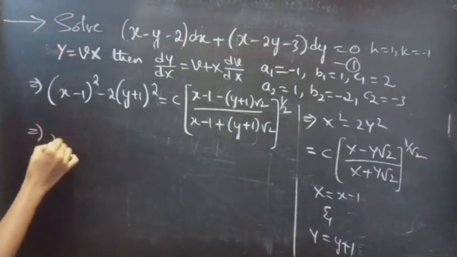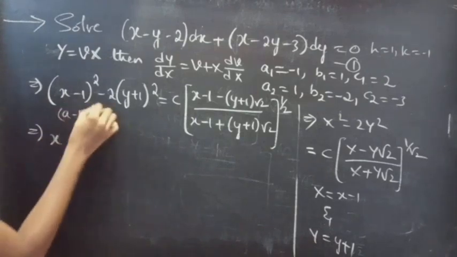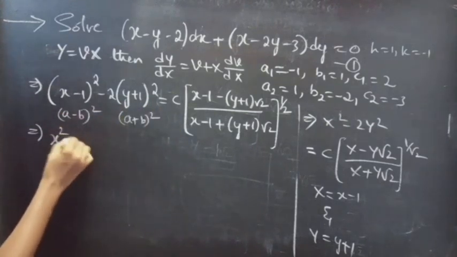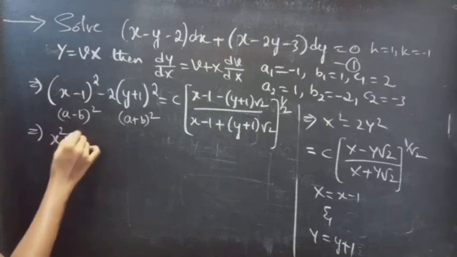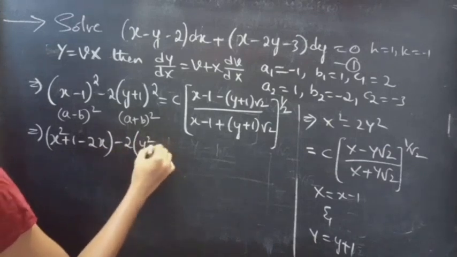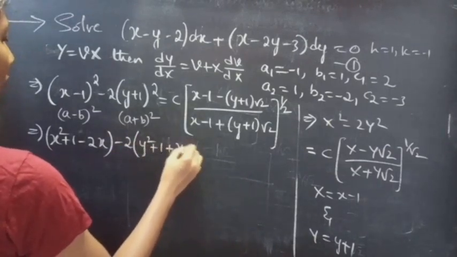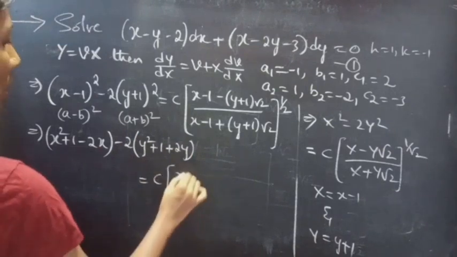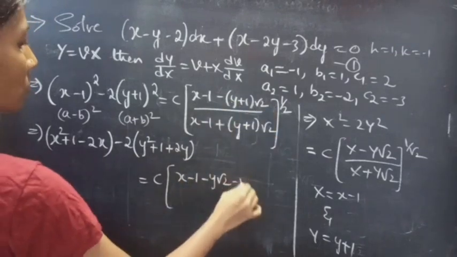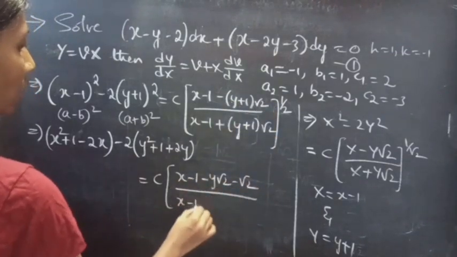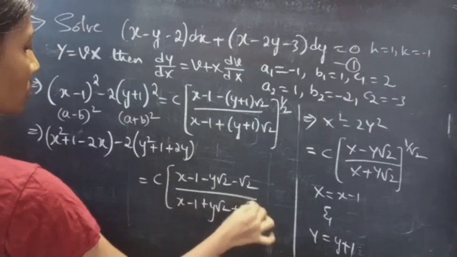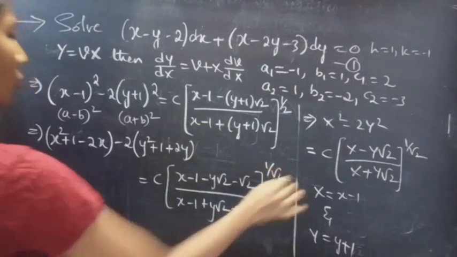You can simplify this. This is of a minus b whole square form and this is of a plus b whole square form. Just expand it. x square plus 1 minus 2x minus 2 times (y square plus 1 plus 2y) equals c times (x minus 1 minus y root 2, minus 1 into root 2 is minus root 2) by (x minus 1 plus y root 2, plus 1 into root 2 is root 2) for 1 by root 2.